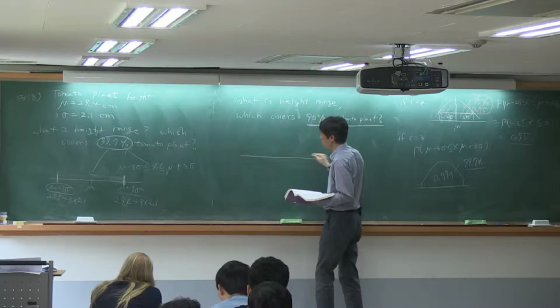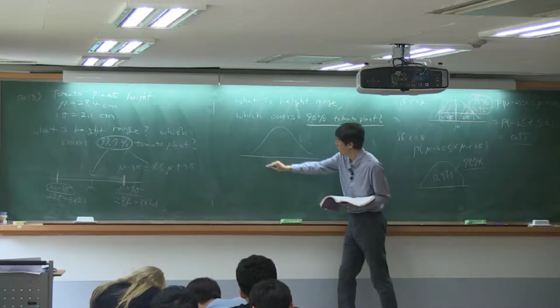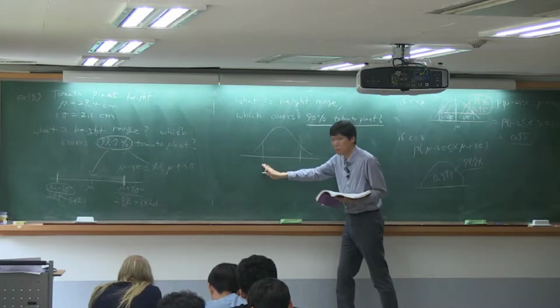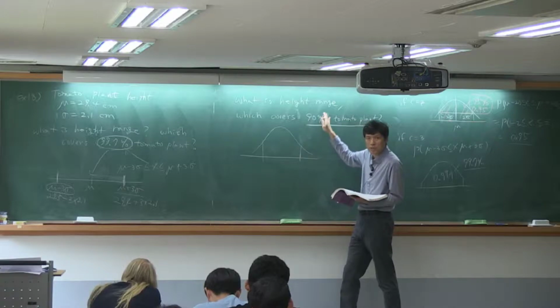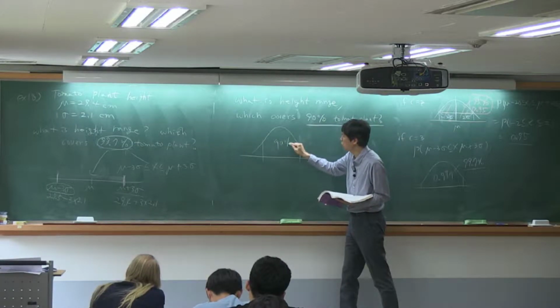What range or what interval of a tomato plant height will be between here and here? We don't know the value of here, but the question says that 90% of tomato plants.